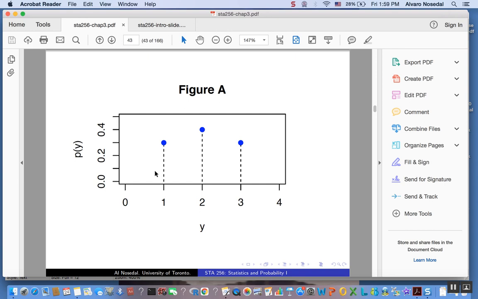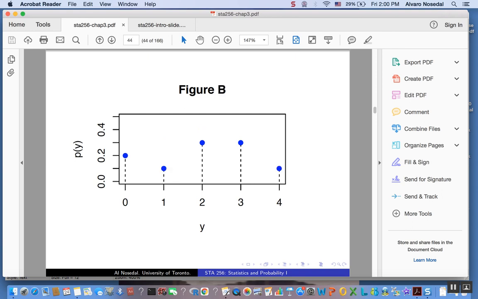That's for company A. We have only 3 possible values, and here on the vertical axis we have the corresponding probabilities. Okay? In this case, it is clear that the center must be 2 or really close to 2, right? Just from that figure. Now, let's see.